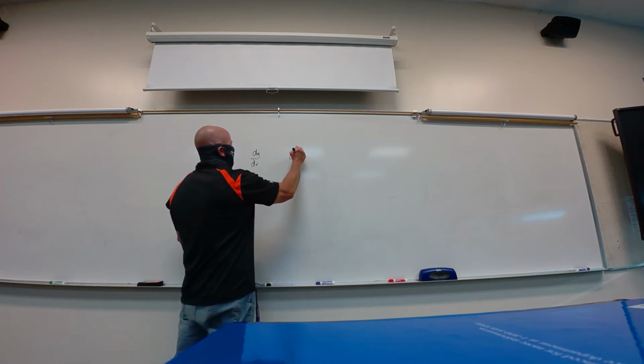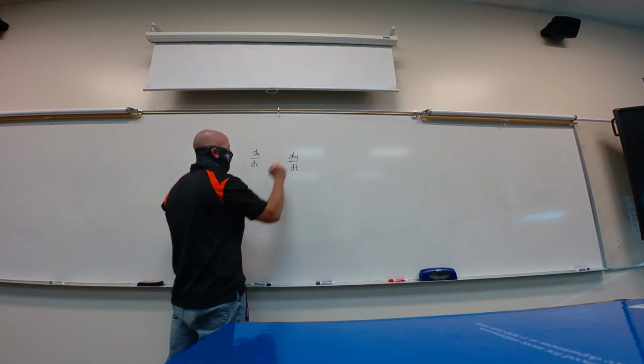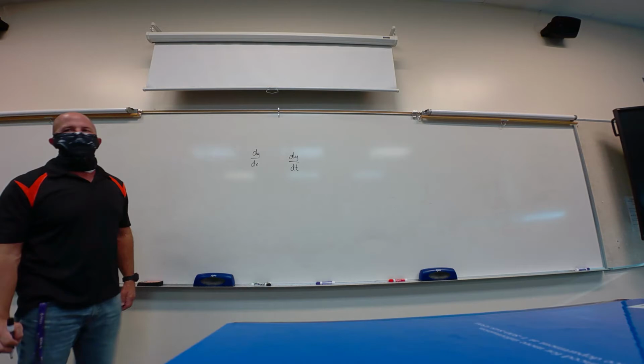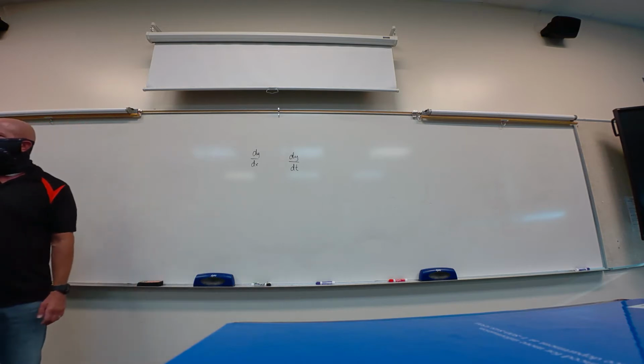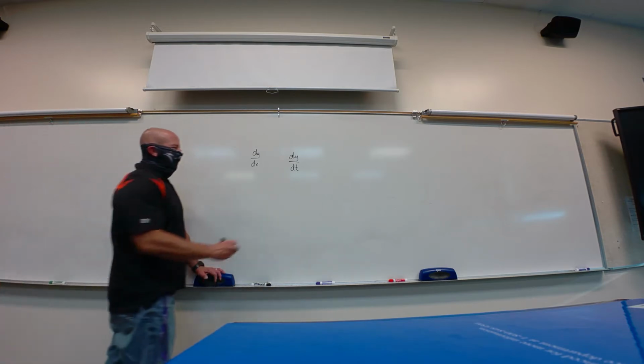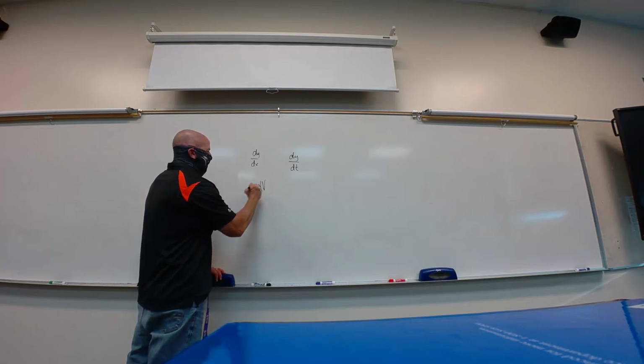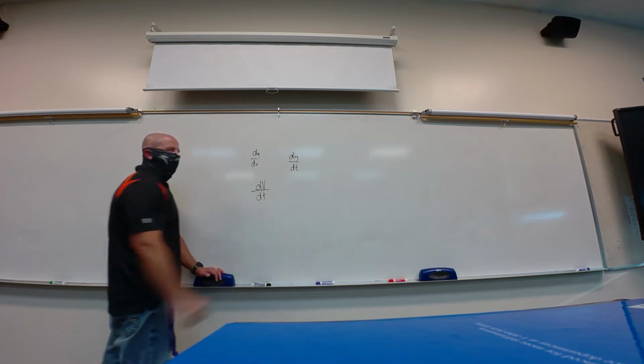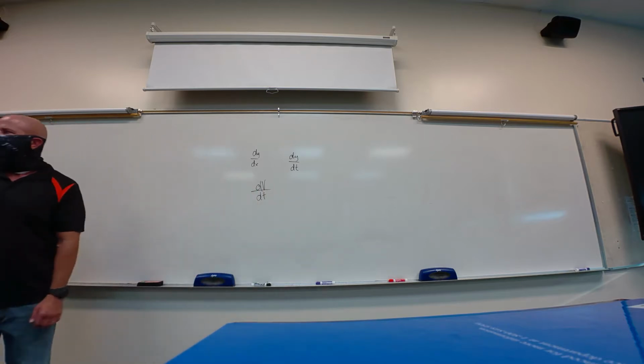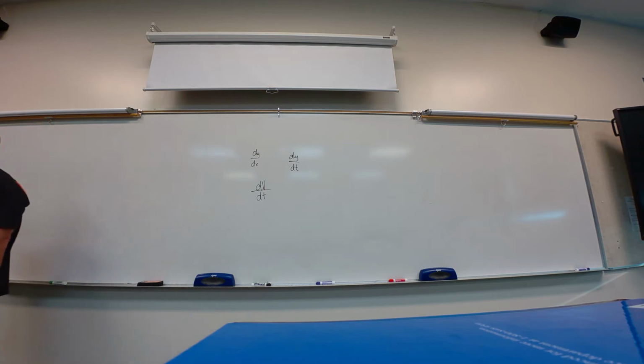This is the rate of y with respect to t. This is the rate of v with respect to t. Doesn't matter what the letters are. Are you okay with that?